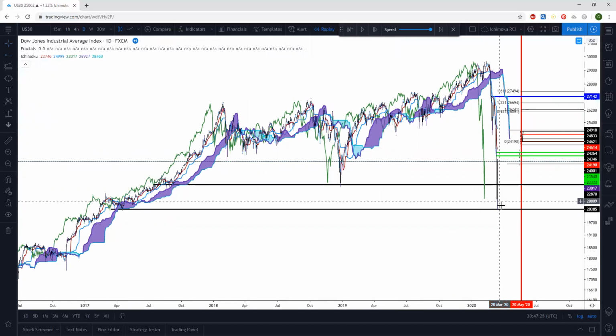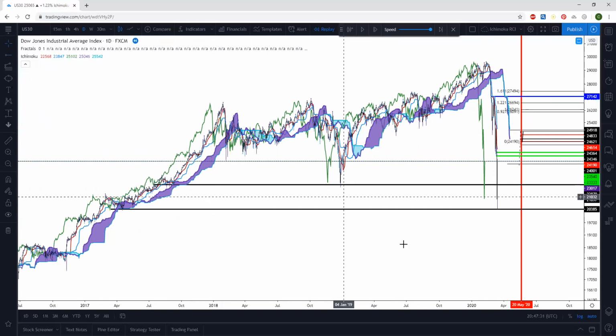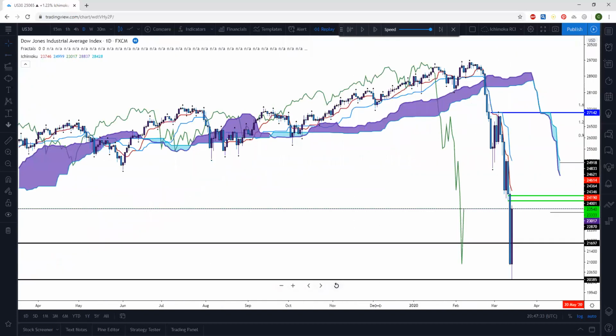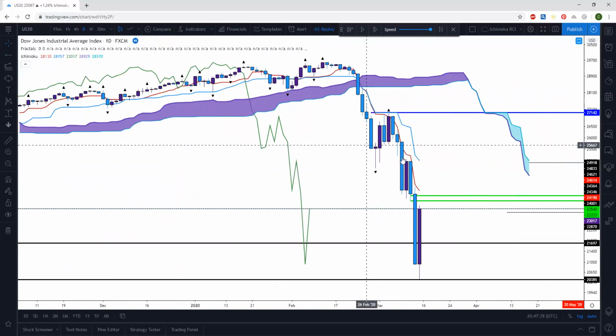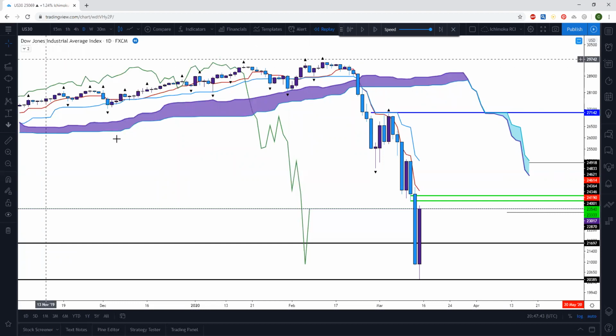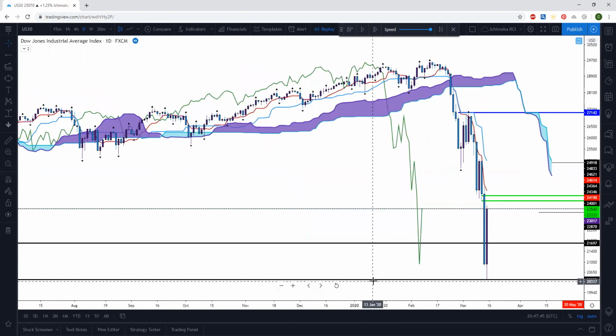Y'all see how this lines up with this one? Y'all see how this lines up here? Could have been an area to take profit. As long as you know these levels and have them marked up, you can hold a trade and keep it going, especially after the daily time frame. But y'all see that though?